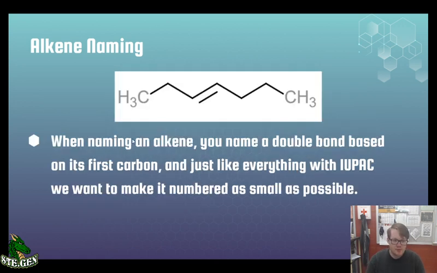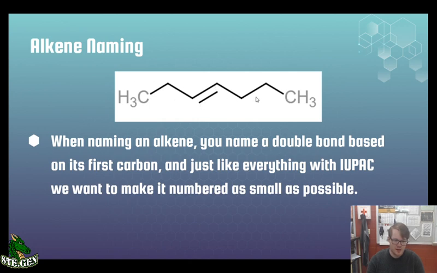So for example, here, when naming this one, we've got carbons 1, 2, 3, 4, 5, 6, 7. We've got 7 total. If we number from this direction, 1, 2, 3 is the first carbon we'll hit where we're on an alkene. This will be 1, 2, 3, 4.